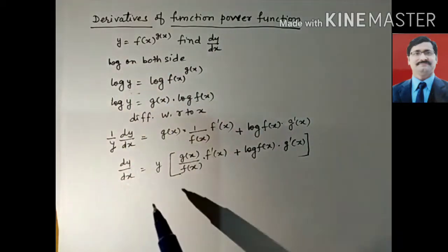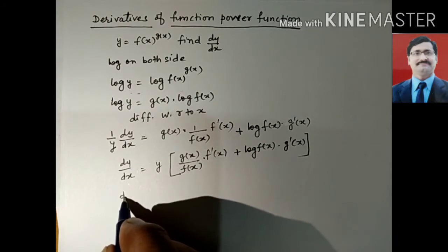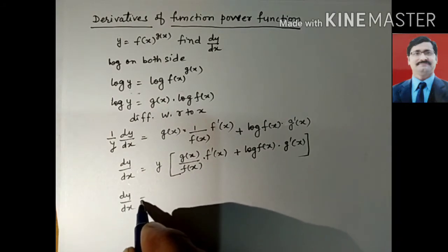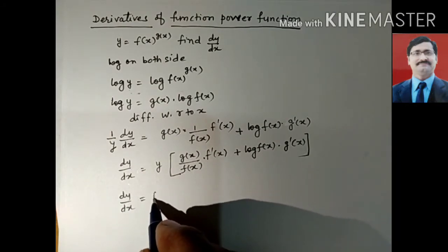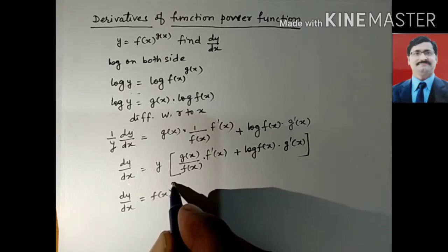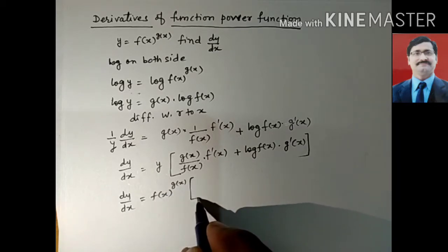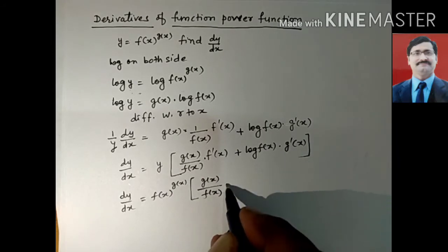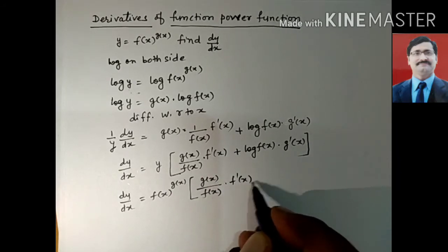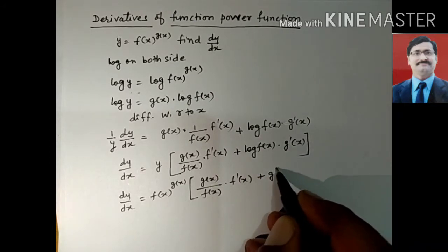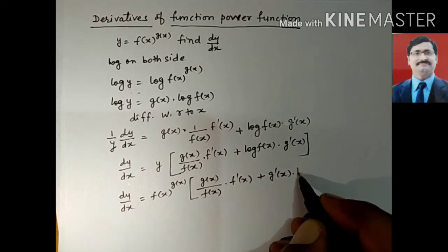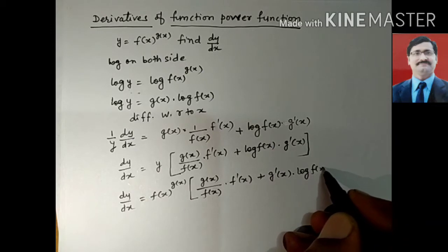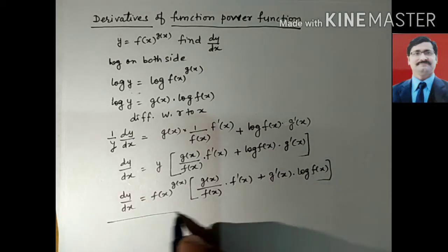You will put the value, so we will get dy by dx equal to f(x) power g(x) into g(x) upon f(x) into f dash x plus g dash x log f(x). Okay, all of you understand this?